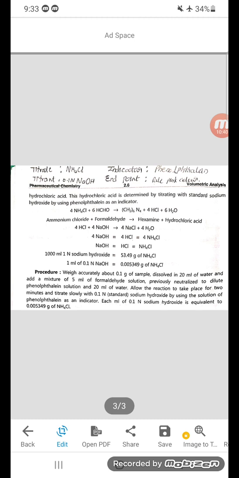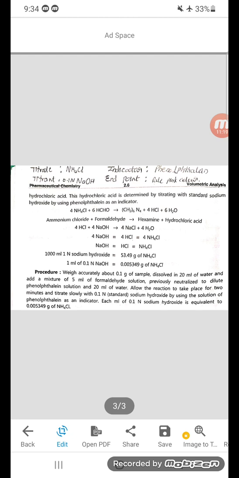Those 4 molecules of hydrochloric acid react with the sodium hydroxide in the titration reaction. For the procedure, weigh accurately about 0.1 gram of sample and dissolve it in 20 ml of water, and add a mixture of 5 ml of formaldehyde solution, which is previously neutralized to dilute phenolphthalein solution, and 20 ml of water.